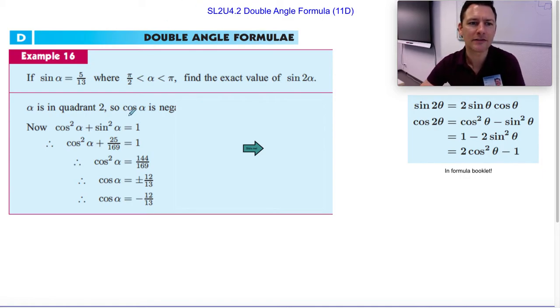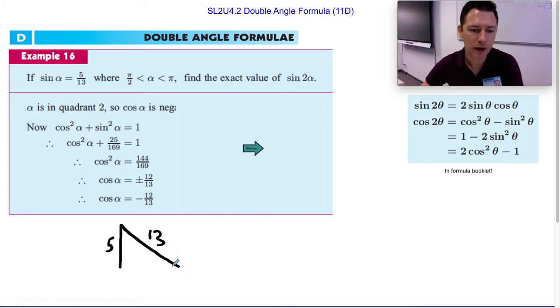I think an easier way to do it is to say sine of alpha is the opposite over the hypotenuse. So the opposite will look like that, and the hypotenuse will look like that. This is 5, this is 13.